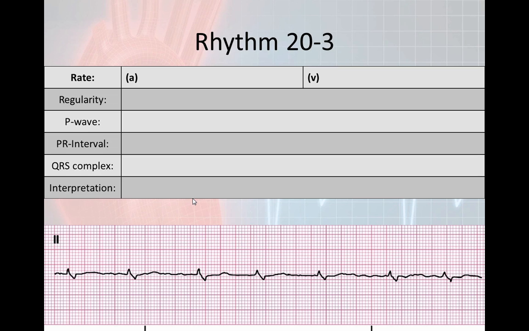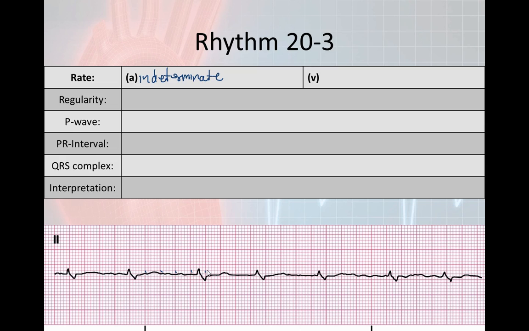The next one here, the fib waves are a little bit easier to see, but it almost looks regular. Almost. But if you get out your calipers and march it, it's definitely irregular. So the atrial rate is indeterminate. The ventricular rate, let me see, 300, 150, 100, 75, 60.